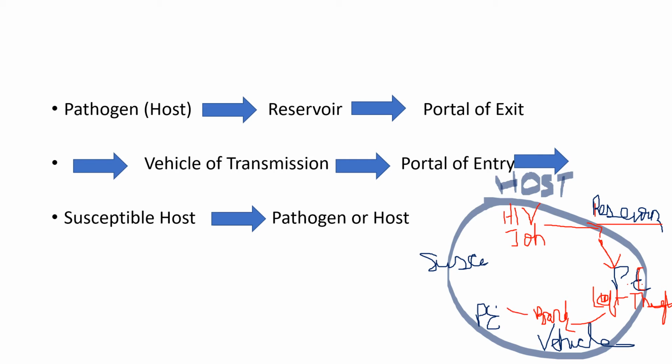Now, portal of entry, you, the CNA, LPN, or RN, actually takes off the dressing with no gloves on, and you have an open cut on your hands, okay? So now your hand becomes the portal of entry, okay? So your hand becomes the portal of entry, all right?